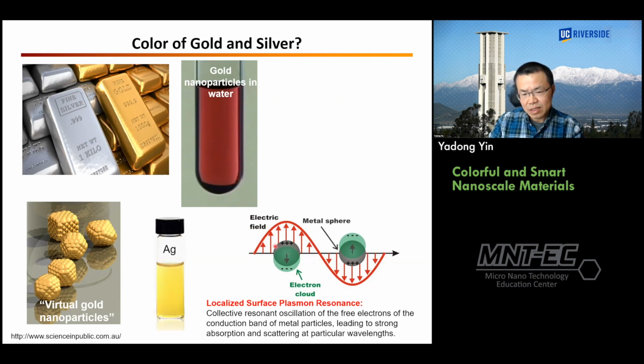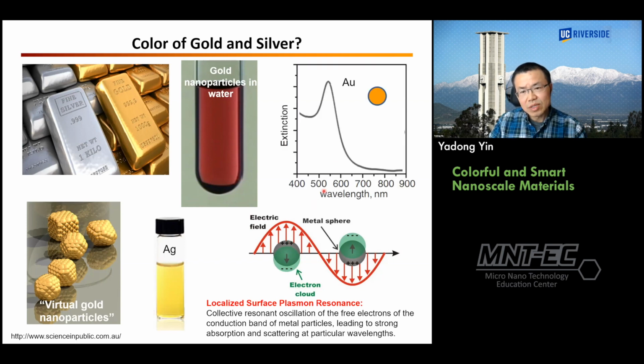When the light hits the particle, the electric field will induce the movement of the free electrons. At particular wavelengths, this induced movement will lead to a resonance. That resonance will give us a very strong extinction peak in UV-vis, and that corresponds to the particular color. In this case, for gold, the extinction peak is around 520 nanometers.